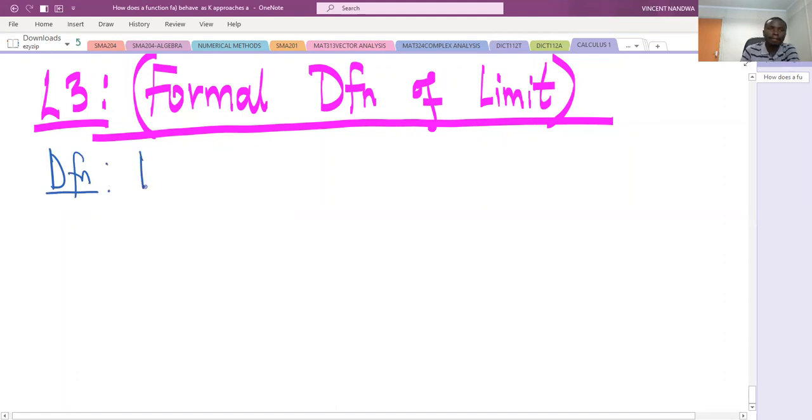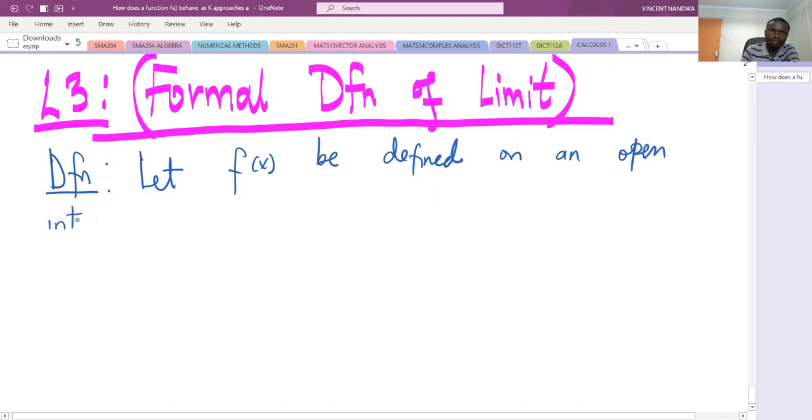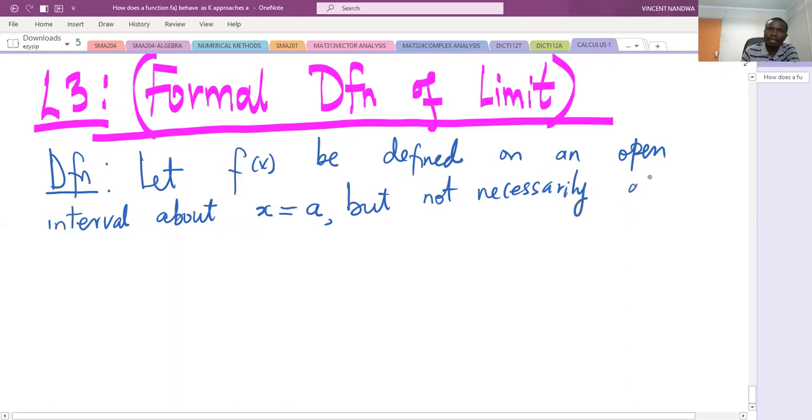So let f of x be defined on an open interval about a point x equals a, but not necessarily at x equals a itself.